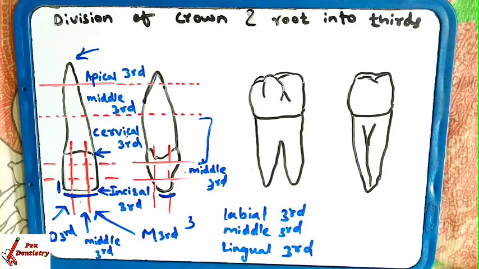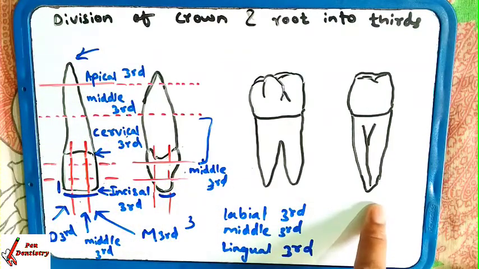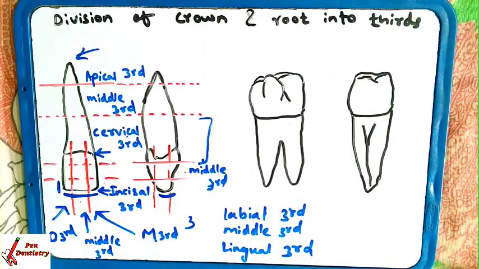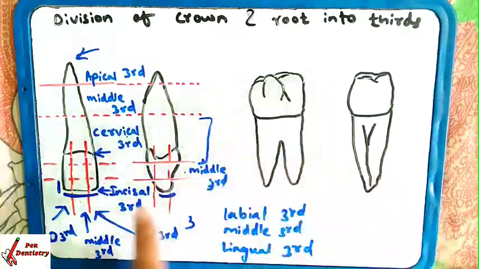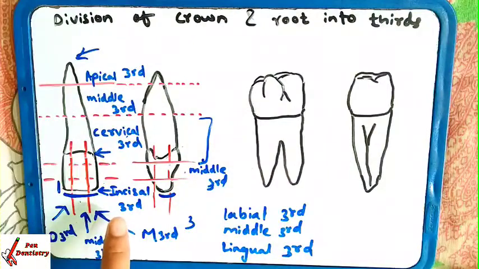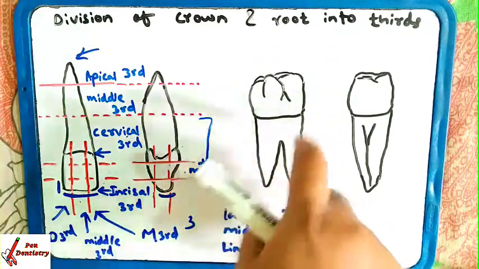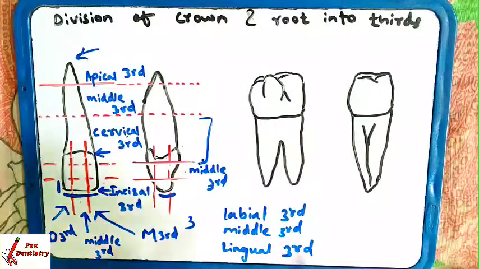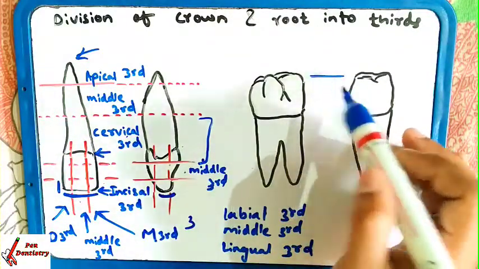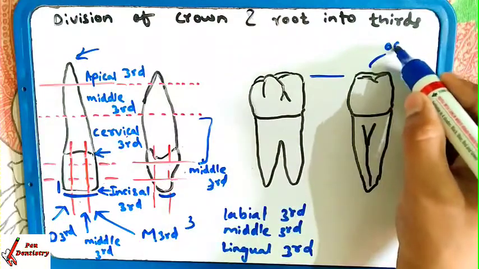In the same manner as the anterior tooth is given the name, the posterior tooth is also given the name. But here the only difference is the incisal part. We give the name incisal in the anterior teeth, but going to the posterior teeth, we give this name as the occlusal region.